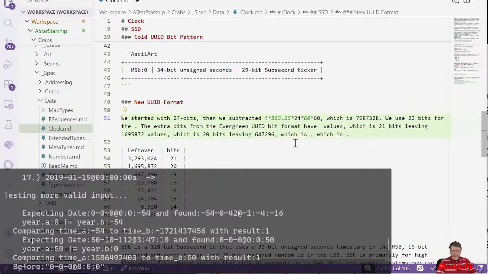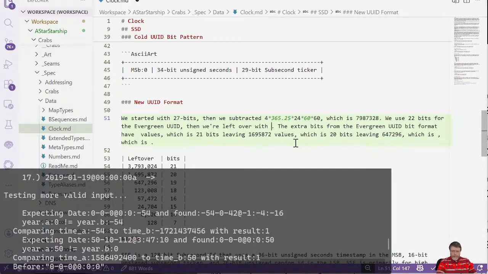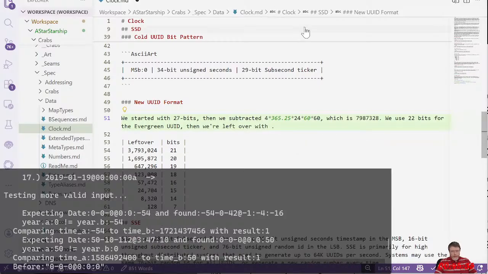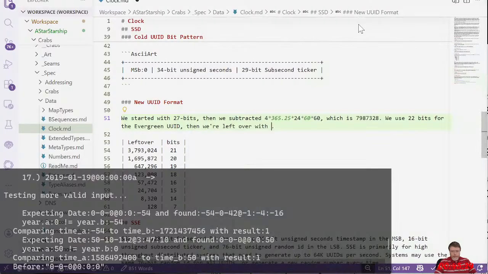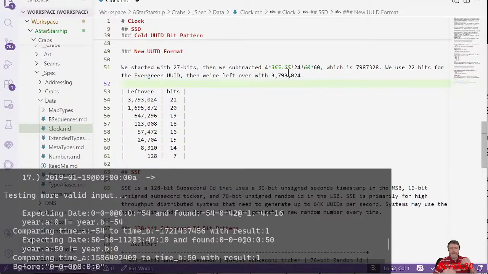Twenty-two bits for the evergreen UUID, left over with minus 2 to the 22nd. Okay. That's a solid number.